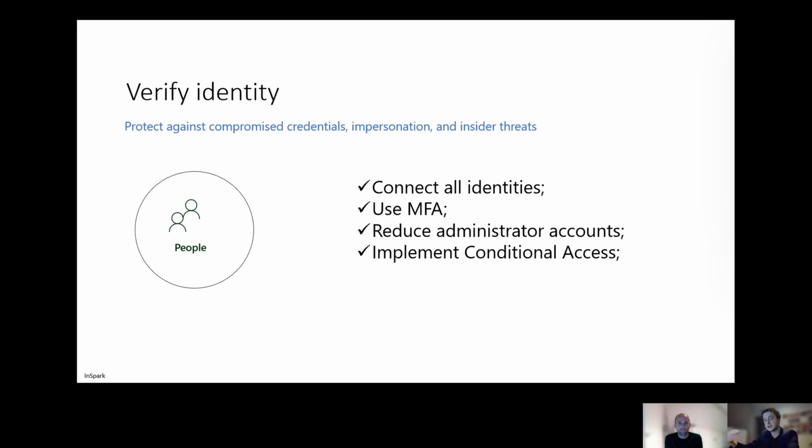If people just need access for Exchange as an administrator, just give them that access. Don't make them a global administrator just because it's helpful. And another important step, and that's what you can do to apply MFA, is of course implement conditional access. It's a very powerful tool.